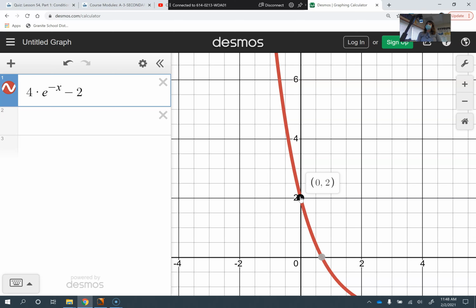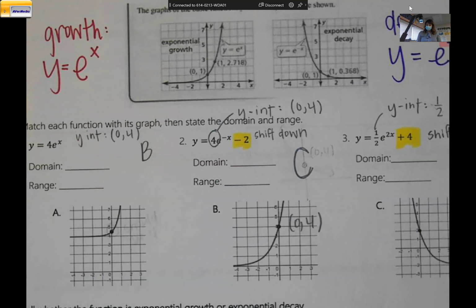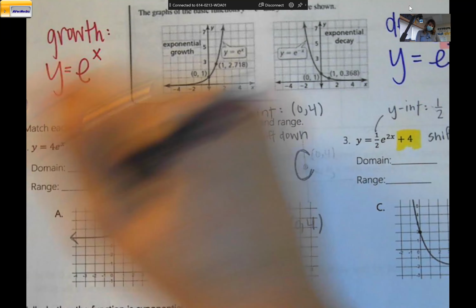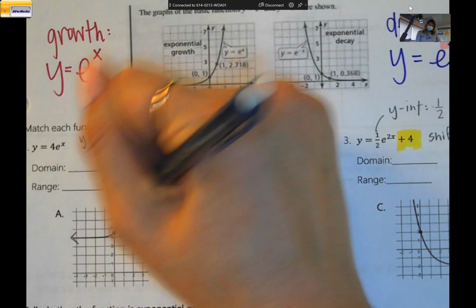So if we have to match the graph, we have 2 options. We can just plug it into Desmos and figure out which one goes where, or you can look at the y-intercept and then see if you shifted it up or down. Okay, domain. Well, all of these are very similar with their domain. In fact, they're all the same.